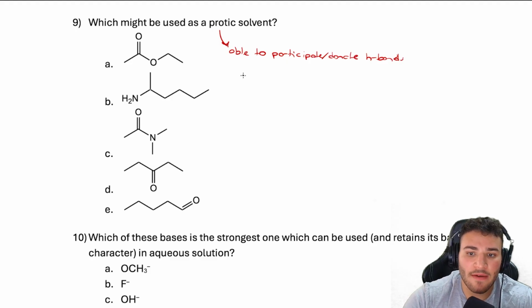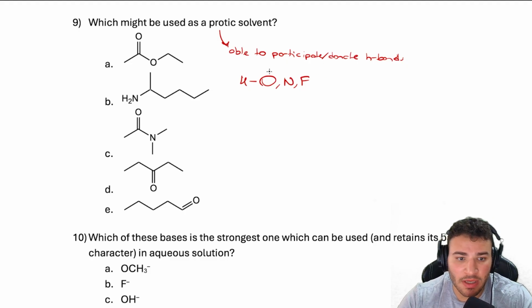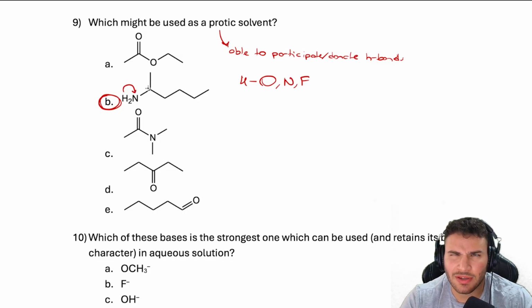This means that we must have hydrogen bonded to either oxygen, nitrogen, or fluorine. And so that's an important concept because only one of our answer choices, B, has hydrogen attached to either a nitrogen, oxygen, or fluorine. Remember, we talked about this earlier in Unit 1, I believe, when we talked about intermolecular forces and hydrogen bonding.